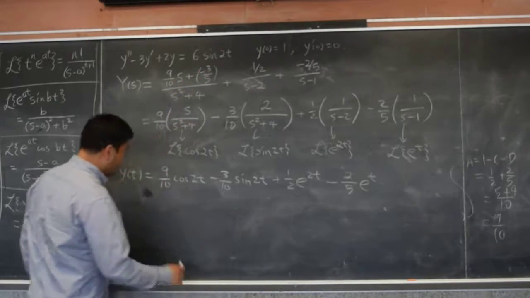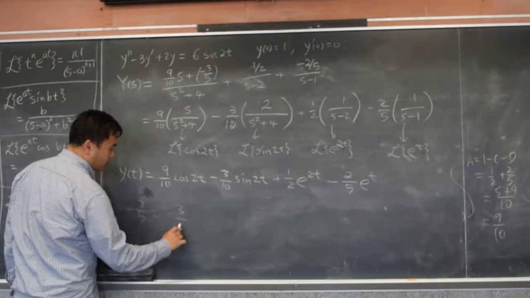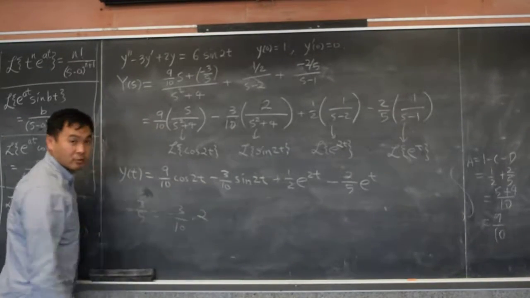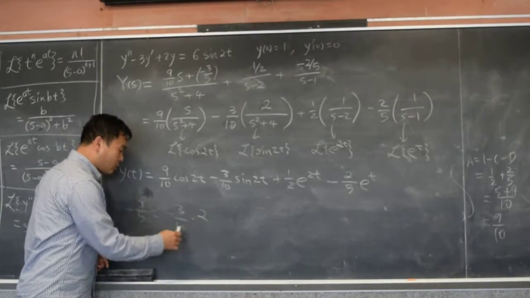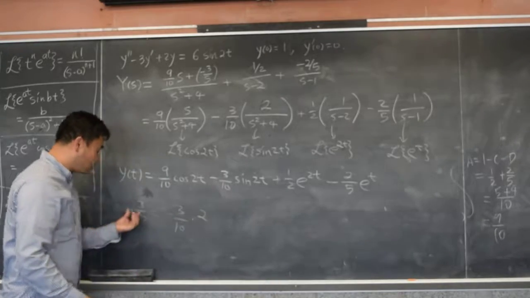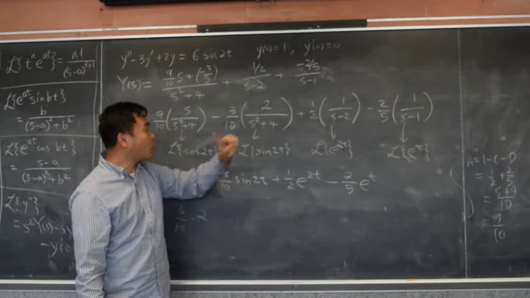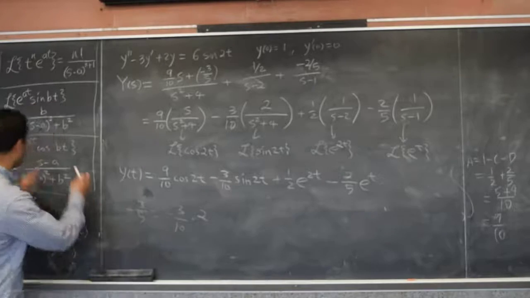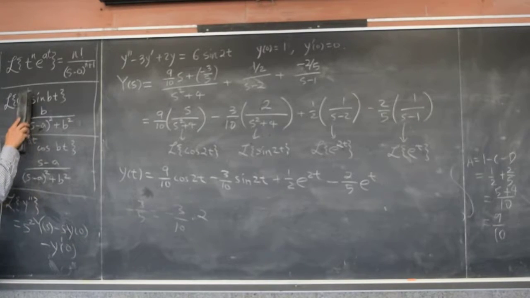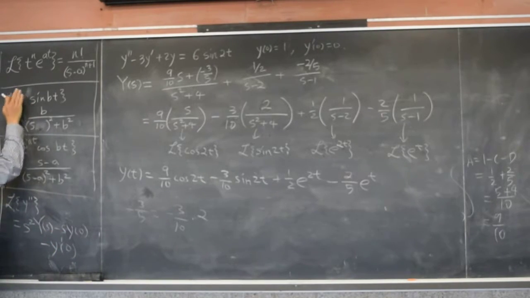I want to write down negative 3 over 5 as negative 3 over 10 times 2. Now let's first make sure that this is true. If you reduce 2 and 10, it's 1 and 5, right? So it's the same as this. So you agree that this is indeed the same as that. Now, why would I want it to be 2 instead of 1? Well, the reason is, if you look at this formula, for a equals 0, e to the 0th power is 1, so that goes away.